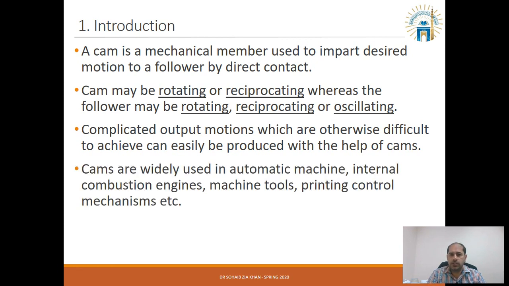Cams are widely used in automatic machines, internal combustion engines, machine tools, printing control mechanisms, etc. So there are plenty of examples where we can see cams employed.